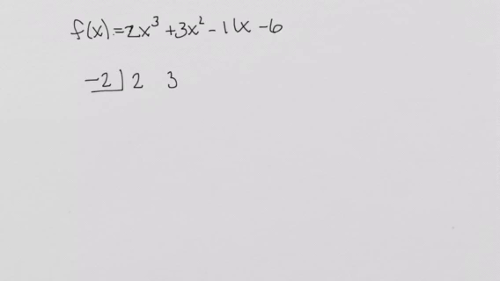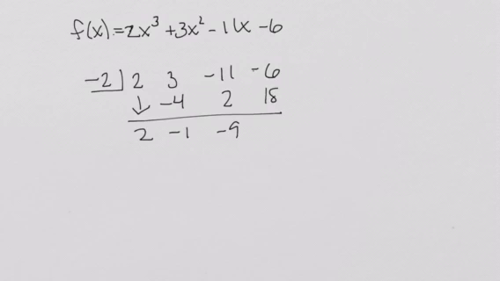Remember that our function was f of x equals 2x cubed plus 3x squared minus 11x minus 6. We said that we would choose x equal to negative 2, so in synthetic division we'll use negative 2. Whatever the remainder is will be our y value for our graph. So what we have left is 12.